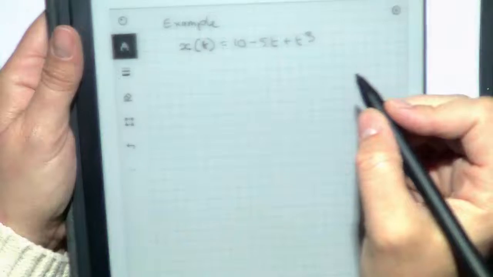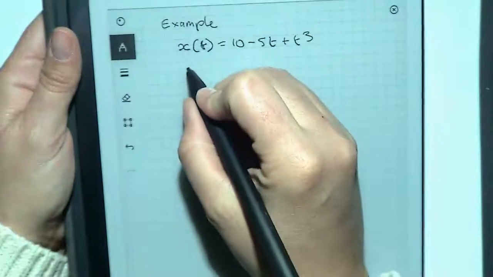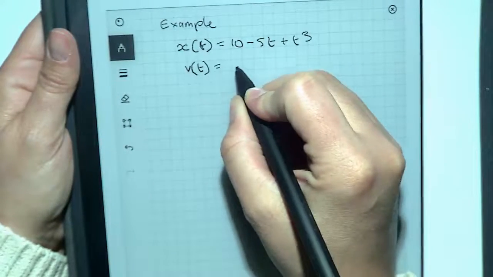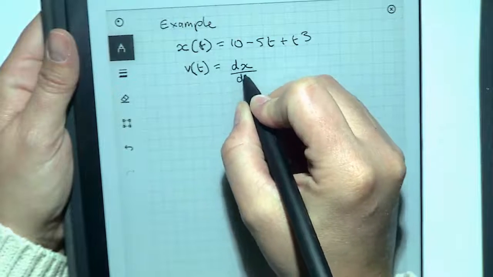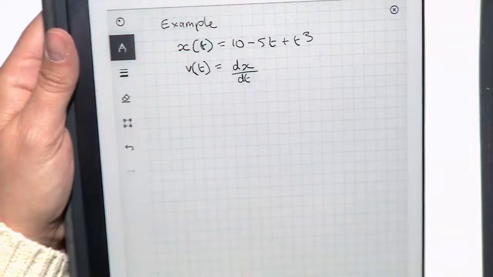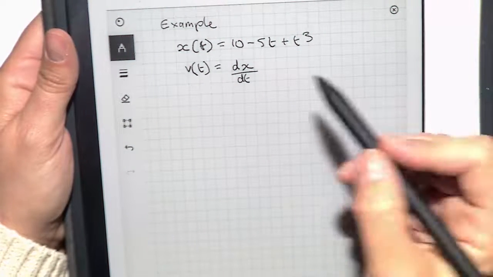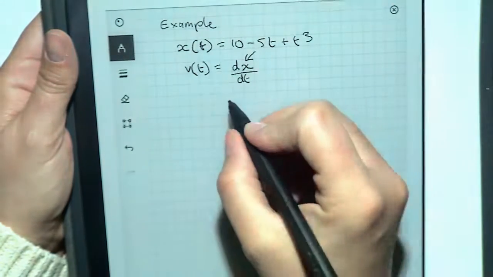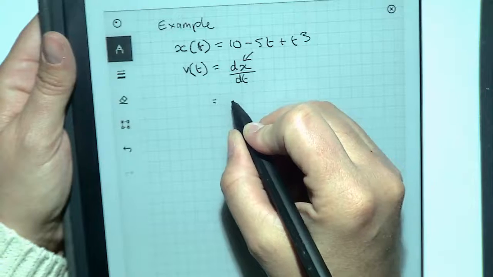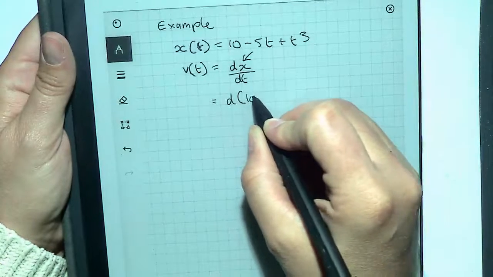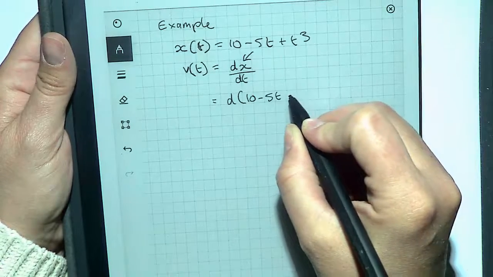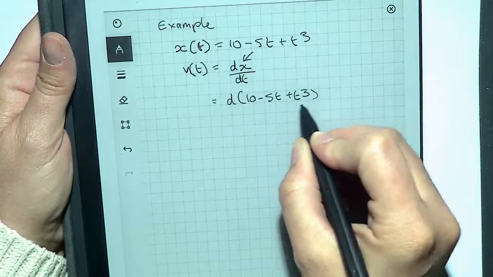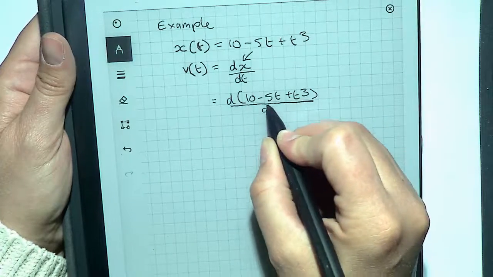And so we can find the derivative of that. Remembering that our v(t) is equal to dx over dt, or the change in x over the change in time, we can simply plug in that expression for x. So we can find d of 10 minus 5t plus t cubed over dt.